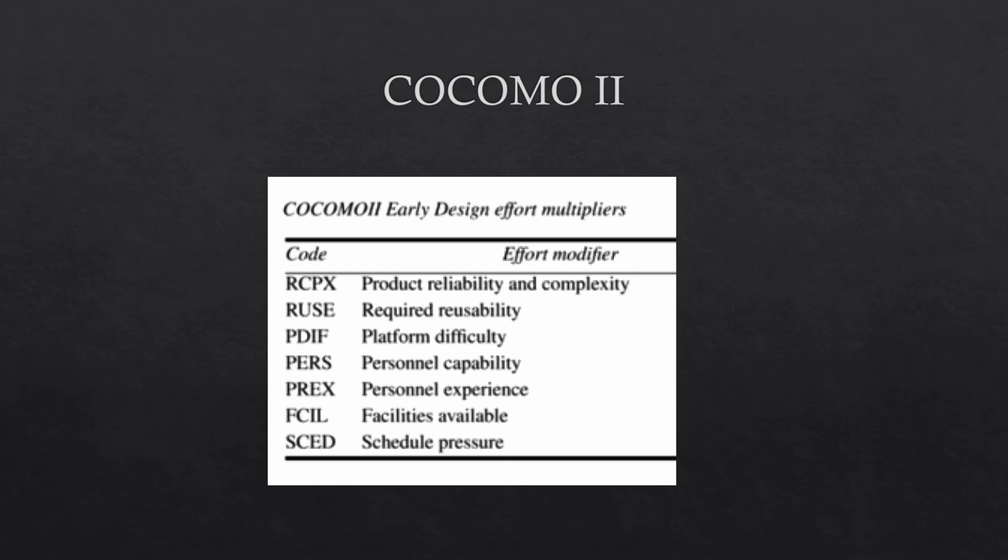There are 7 of these multipliers that are relevant to early design and 16 that can be used at the post-architecture stage. The 7 effort multipliers used in the early design stage are named early design effort multipliers or effort modifiers.